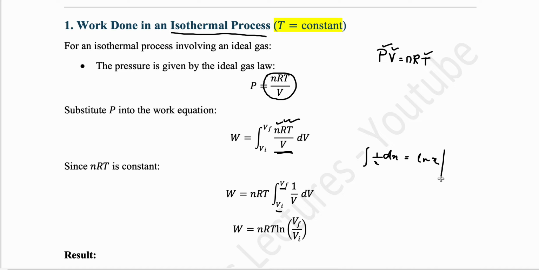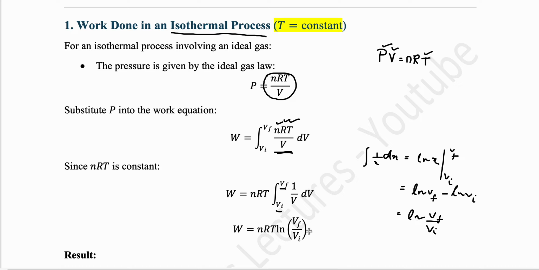Now if I want to evaluate it from the initial volume to the final volume, I can simply write it as ln of the final volume Vf minus ln of the initial volume Vi. By the logarithmic rule, log of a minus log of b is log of a by b, so I can simply write it as ln of Vf divided by Vi.